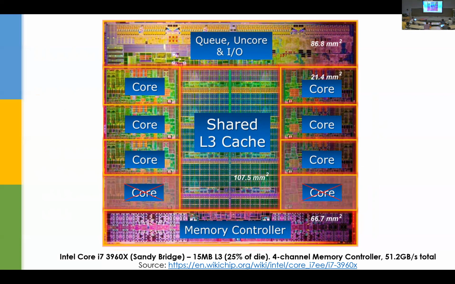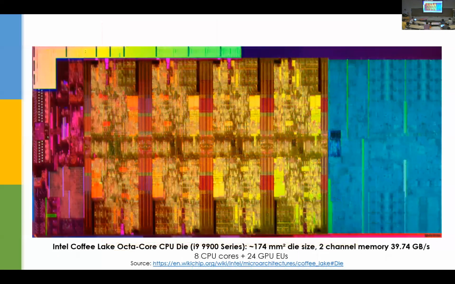All right, let's compare that to a newer CPU. This is the Coffee Lake CPU, which was the i9900 series, which I think is a year and a half old, 8 cores, 2-channel memory, 40 gigabytes per second of bandwidth. So this has both 8 CPU cores and also 24 GPU units. EU means execution units.